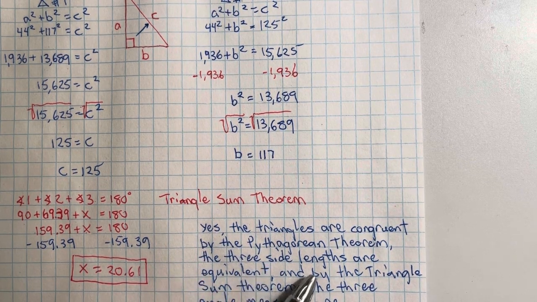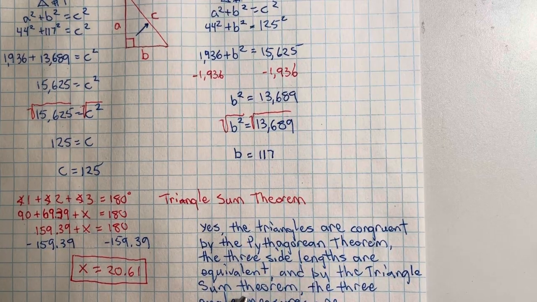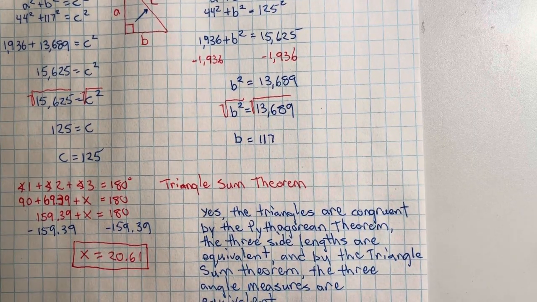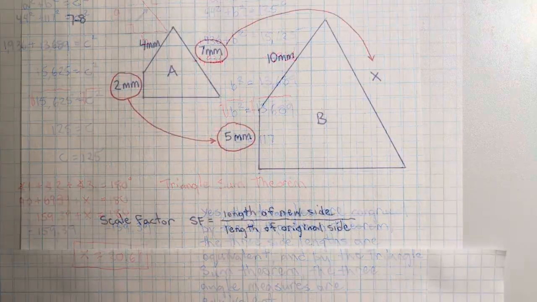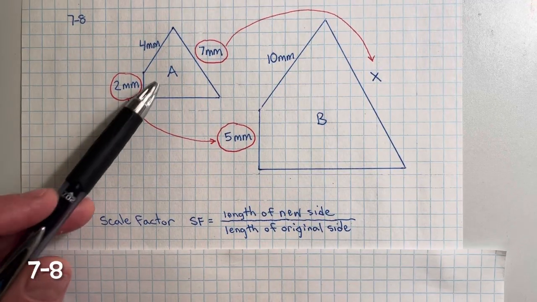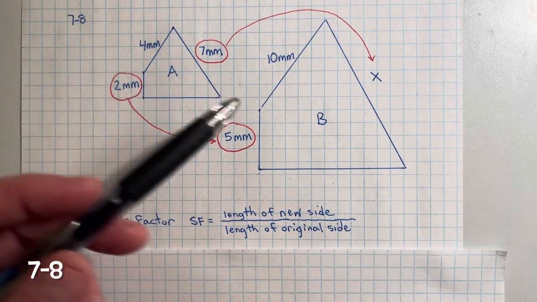The three side lengths are equivalent, and by the triangle sum theorem, the three angle measures are equivalent.